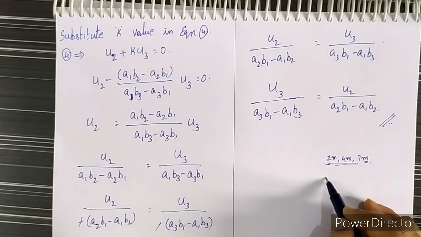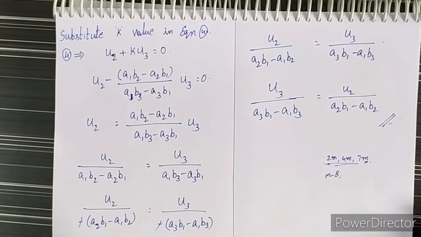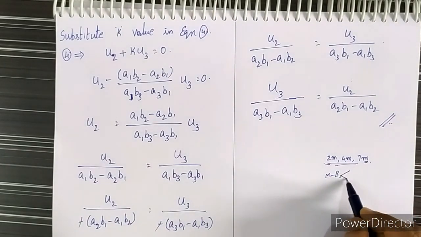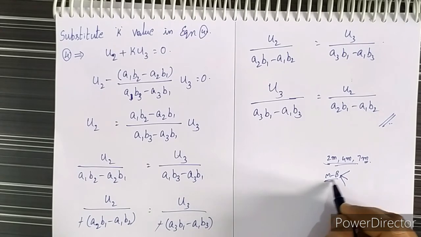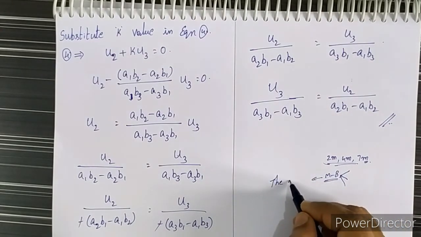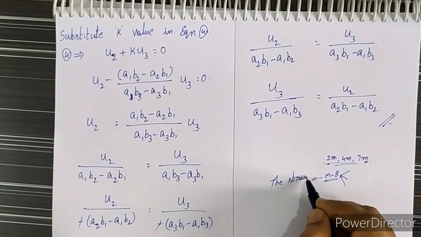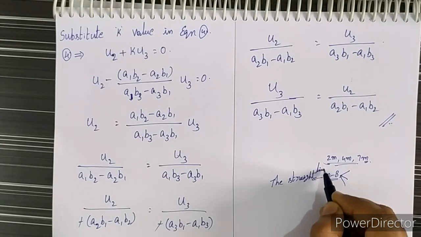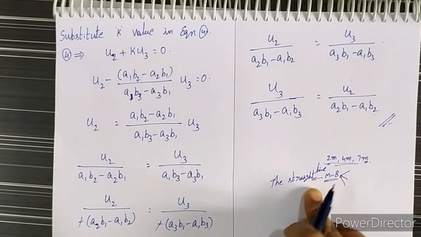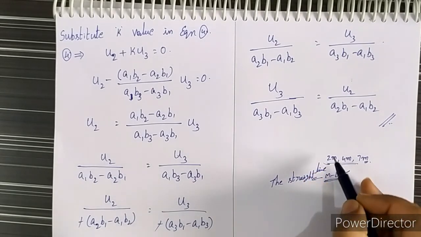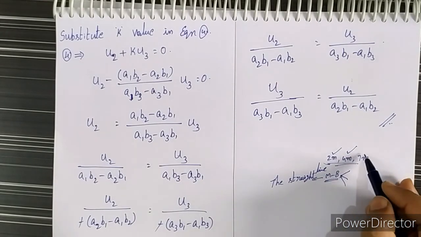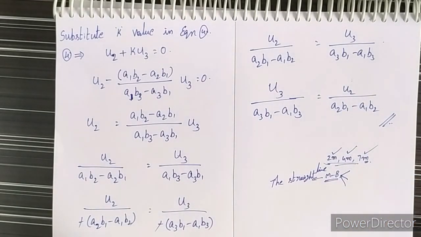In total, in Maths B, the highest marks gaining chapter is the straight line. In the final public exam, 2 marks, 4 marks and 7 marks problems are given from the straight line chapter. This is the main chapter in Maths B.